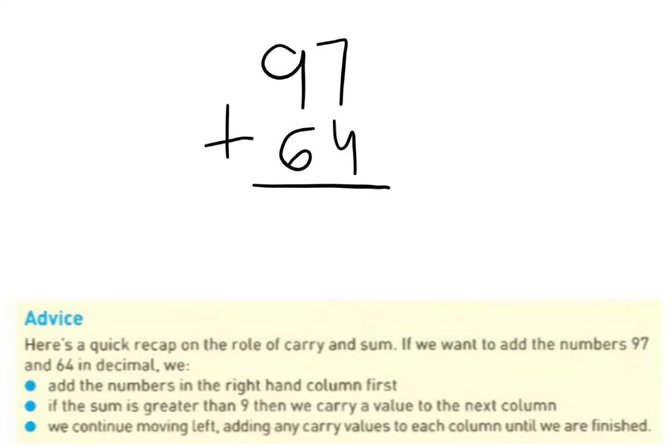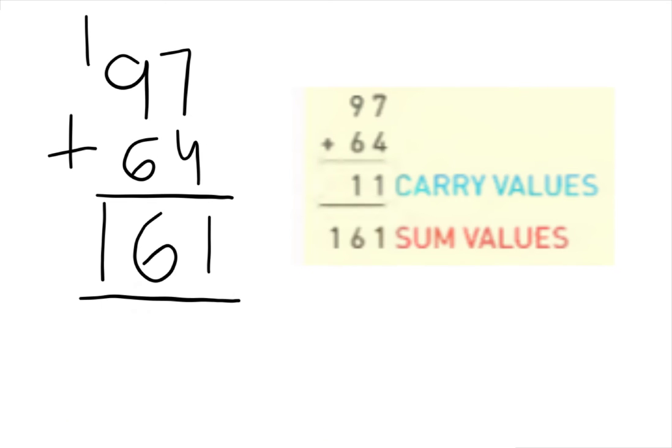Since 7 plus 4 is 11, we carry the 1 to the next column. We continue moving left, adding any carry values to each column until we are finished. 9 plus 6 plus 1 is 16, and therefore our answer for 97 plus 64 is 161.